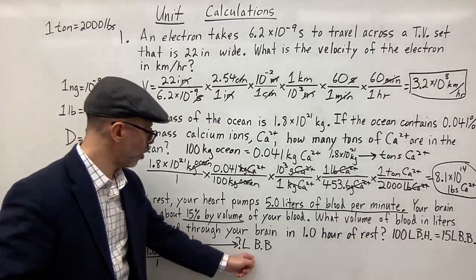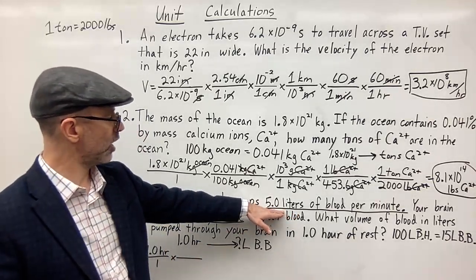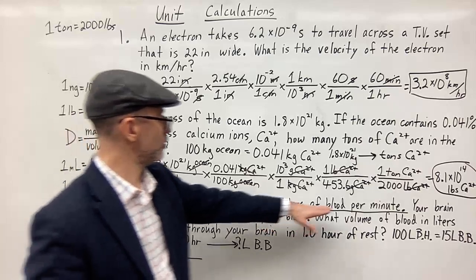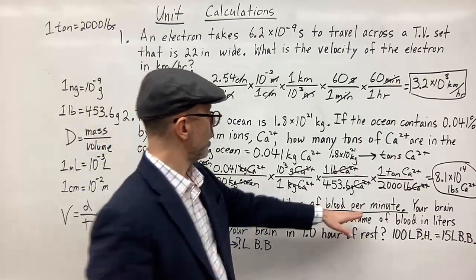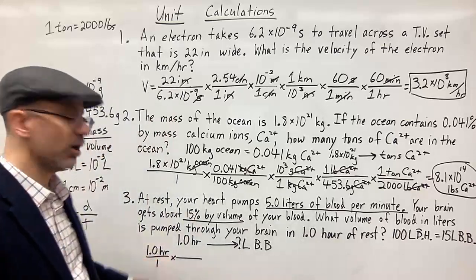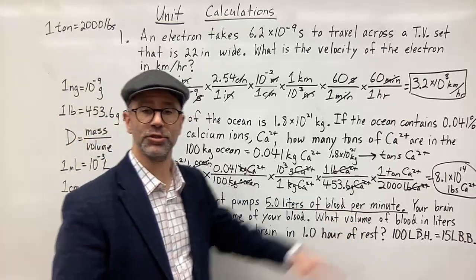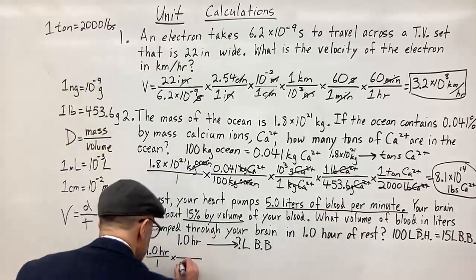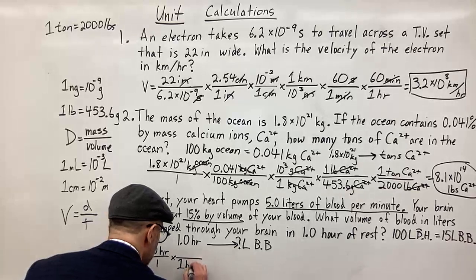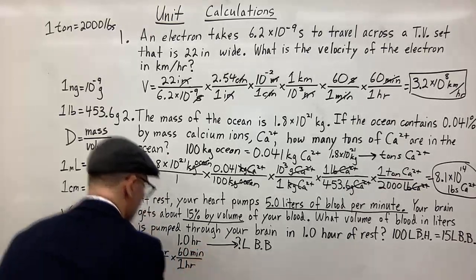We need to get to volume, but we have a time. Here we have liters of blood through the heart per minute. So we have minute of time. Here we have hour. Convert hour to minutes, and then we can use this conversion factor. So 1 hour on the bottom, 60 minutes on top.